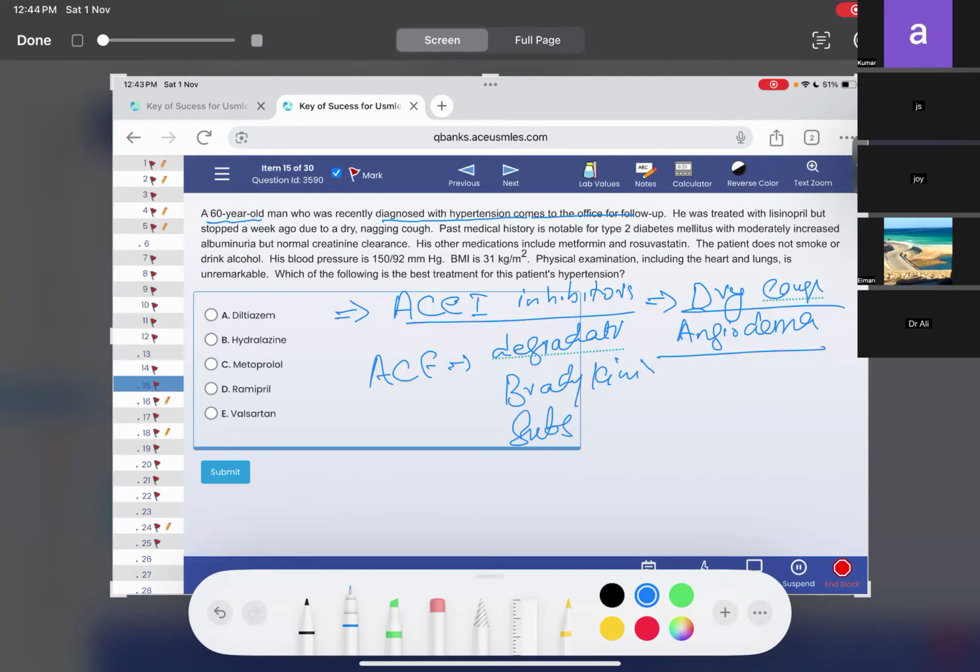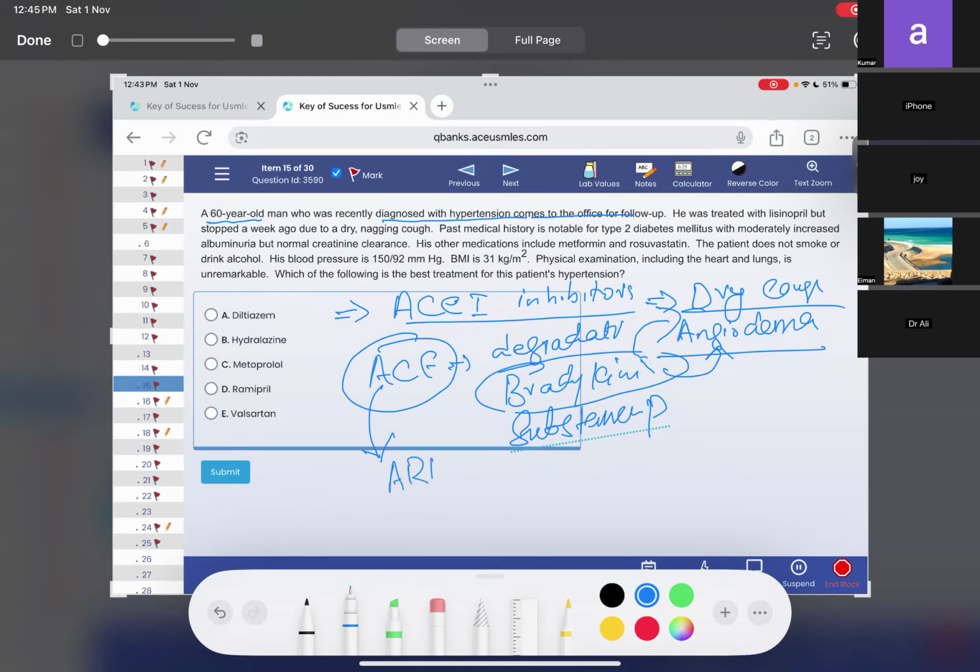Substance P. So these bradykinins are responsible for angioedema and dry cough as well. So whenever a patient develops these symptoms, you should go for another drug which has a similar function to ACE inhibitor and doesn't cause dry cough and angioedema. Can anybody name it?